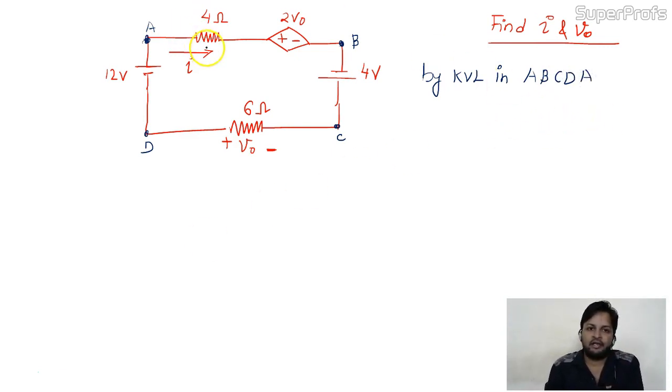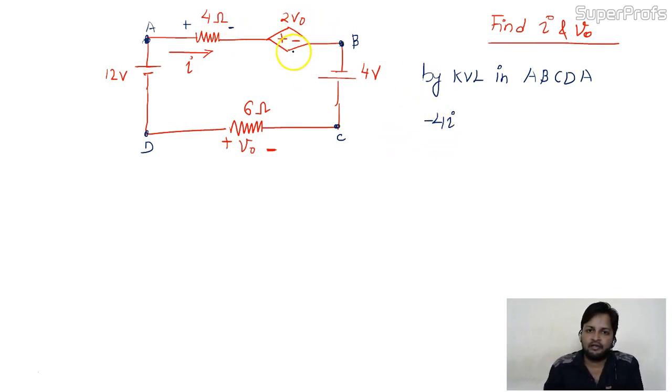So we'll start from the A. The voltage drop across 4, tell me. The voltage drop across 4 will be like this, and the value of drop will be 4I. Negative sign, the outer sign we consider in the equation.